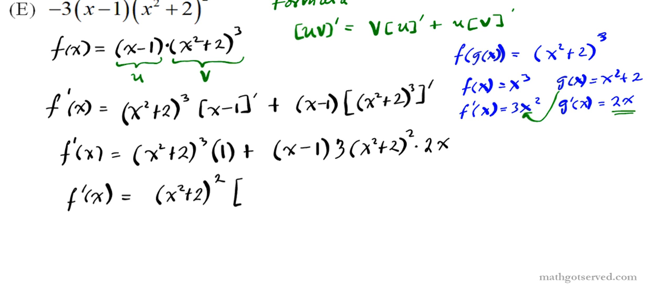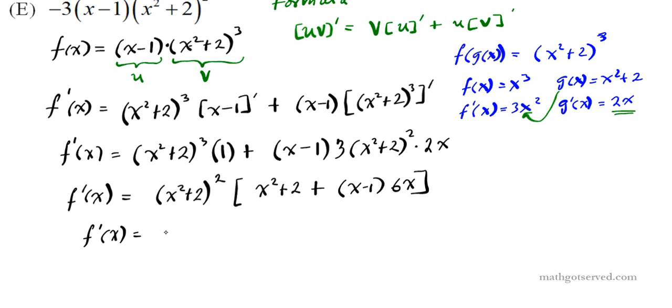So I'll be left with x squared plus 2 times 1, which is just x squared plus 2, right? Plus, let's see, (x minus 1) times 3 times 2x is what? 6x. Okay? Simplify a little bit further. That should give us the final result.